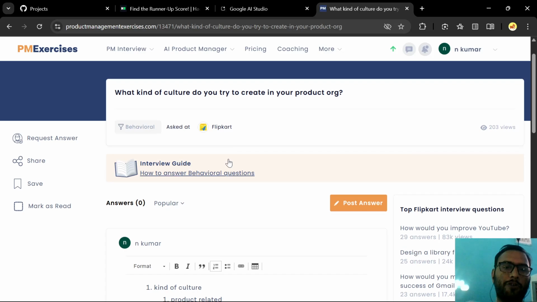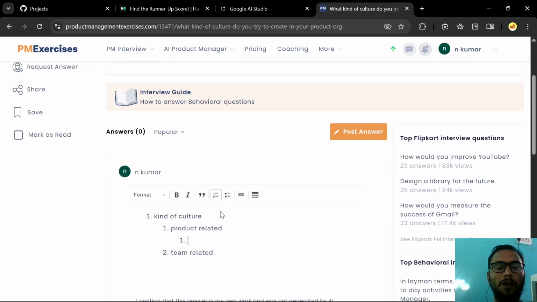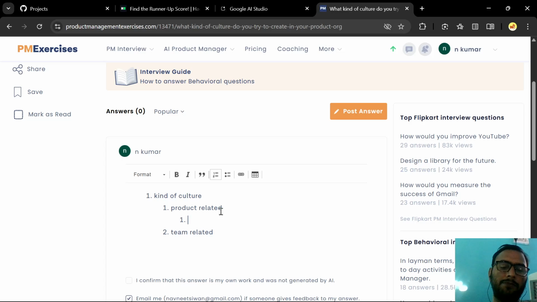Now, when it comes to product related, the culture or the things that I would like to do, or do, it comes to the documentation part.